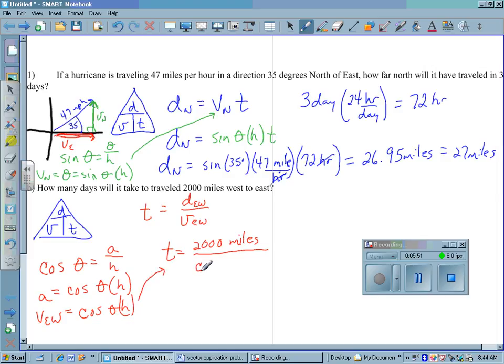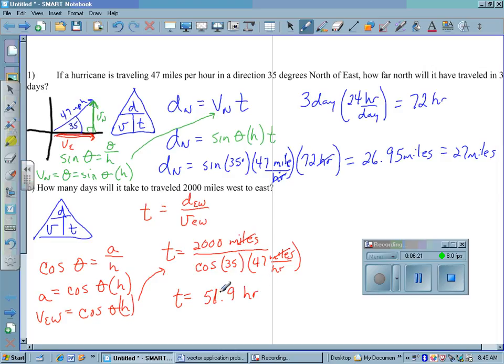So I'm going to take the cosine of theta, which is 35, multiply that by my hypotenuse of 47 miles per hour, and that gives me a time of 51.9. Now remember, the miles here cancel out with the miles there, so you're left with hours.